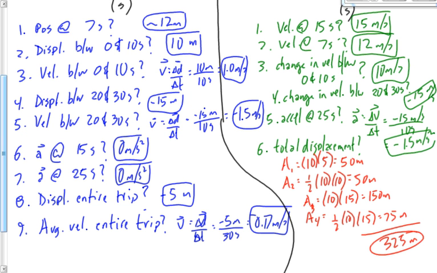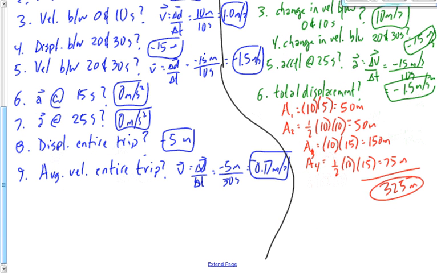Now, finally, the last question I'm going to ask you is, what's the average velocity for the entire trip? Just like I asked you for question number 9 in the last one. The average velocity for the whole trip. It's the same as the last one. The average velocity was delta d over delta t.